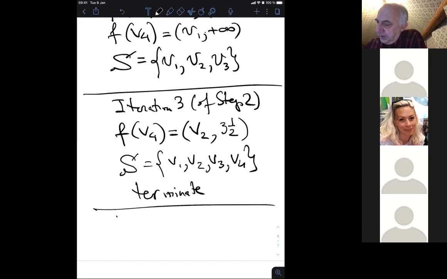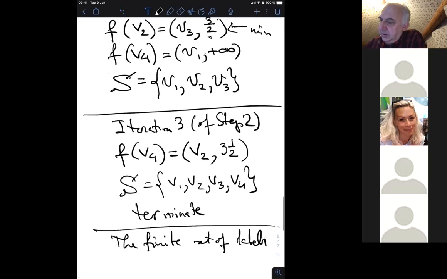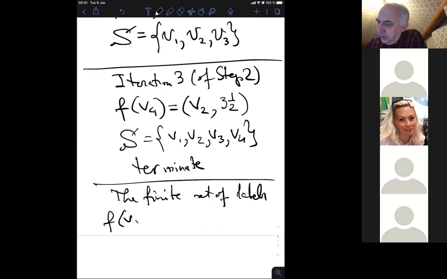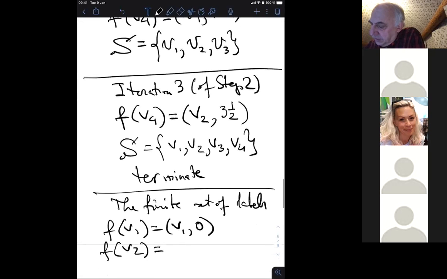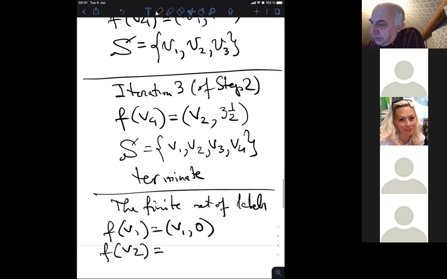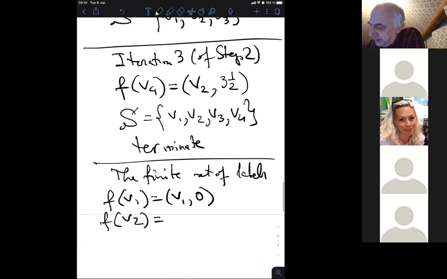And the final set of labels would be, let's see. f of v1 is v1, 0, so it costs you nothing to go from v1 to itself. f of v2 is v3, 3/2. f of v3 is v1 and 1.